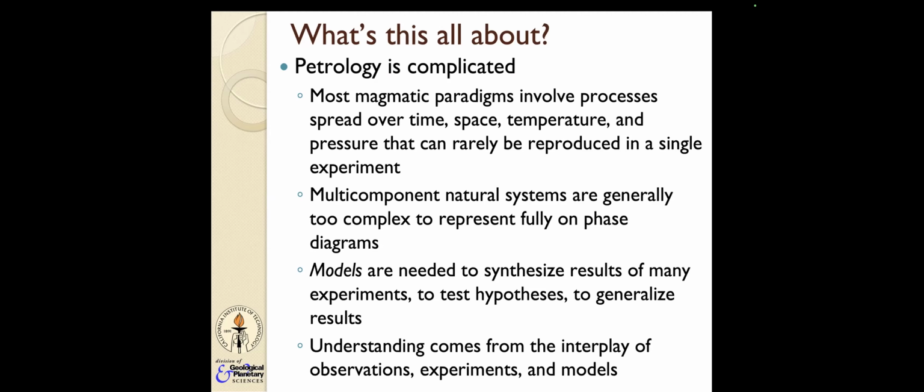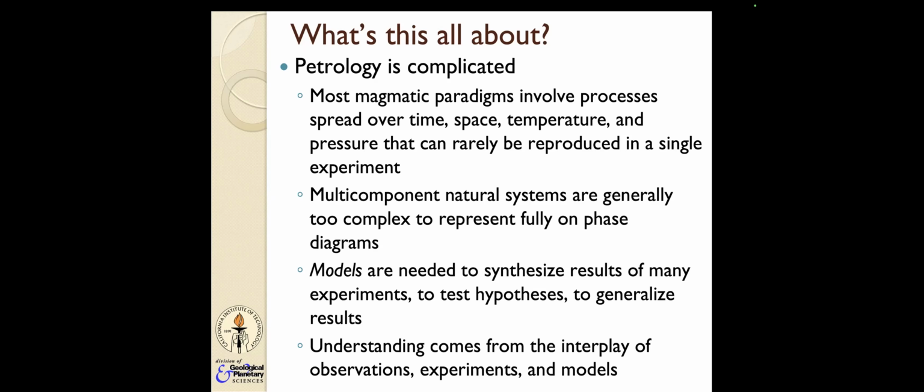And it's a very powerful method, but it never gets you all the way to the end point of understanding what's happening in nature, because there are very few natural systems that really have a small enough number of components that a phase diagram is a complete description, a phase diagram that incorporates all the components at low variance, right?